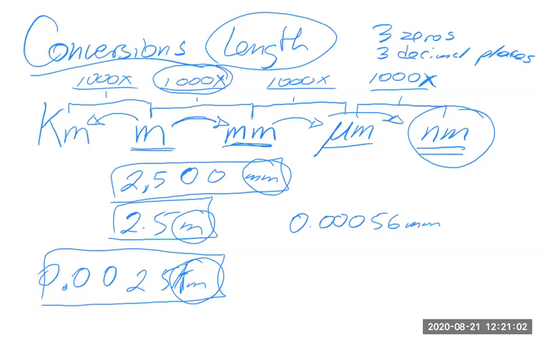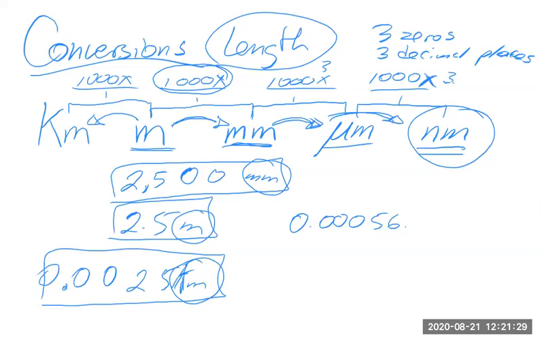You're going to have to do this twice. So if I wanted to go from 1 station to the next, to the right, how many zeros is that? That's 3, right? And if I want to go from micrometer to nanometer, that's another 3. So that's a total of 6, correct? So all I have to do now is move my decimal a total of 6 places. In what direction? To the right, because that's where I'm going on the scale.